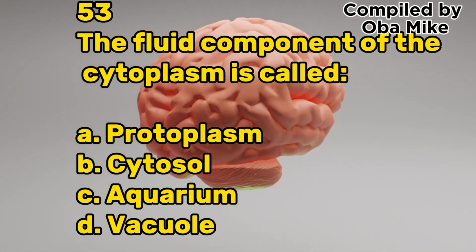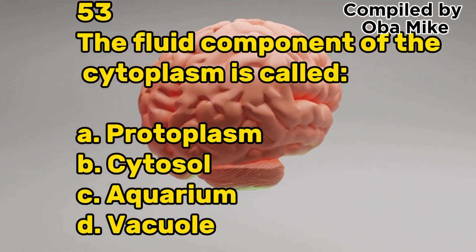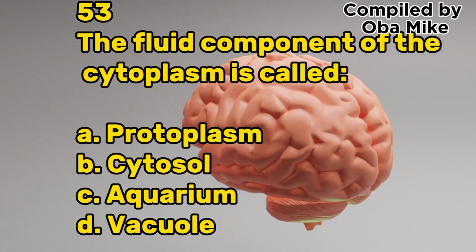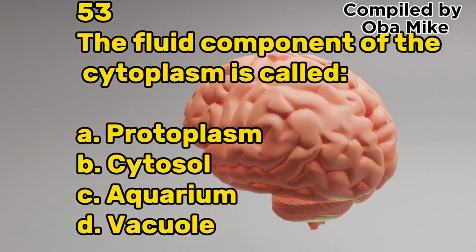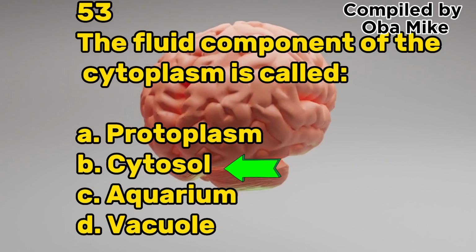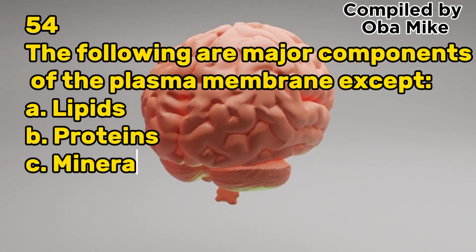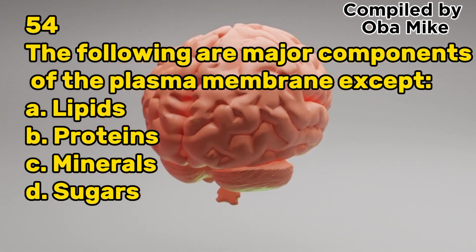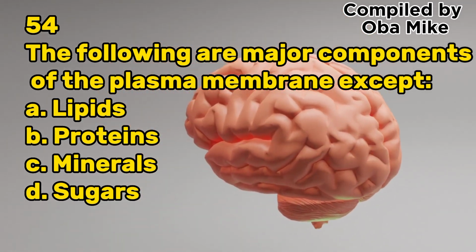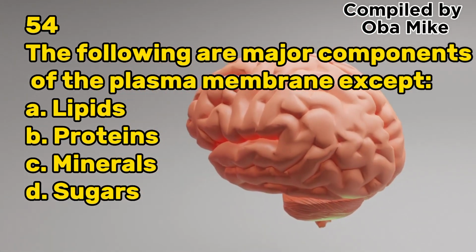The fluid component of the cytoplasm is called A. Protoplasm, B. Cytosol, C. Aquarium, D. Vacuole. 54. The following are major components of the plasma membrane except A. Lipids, B. Proteins, C. Minerals, D. Sugars.